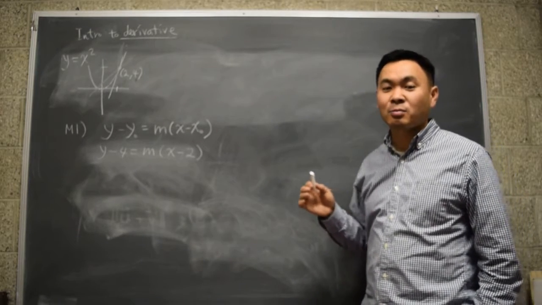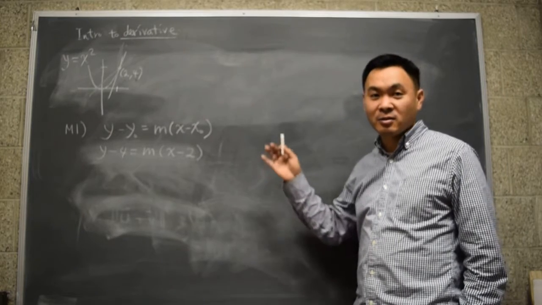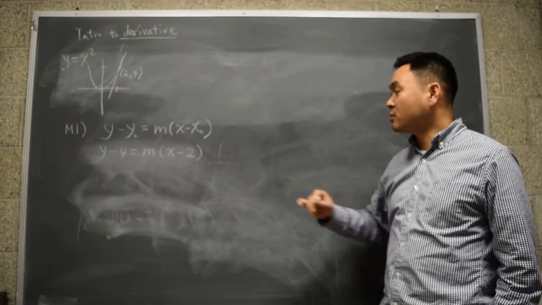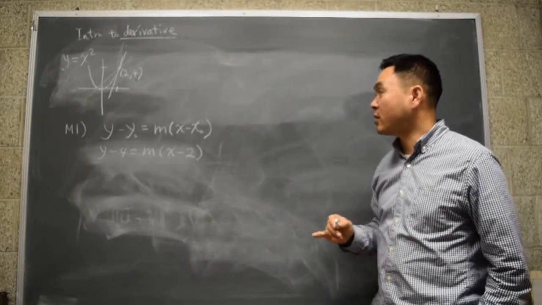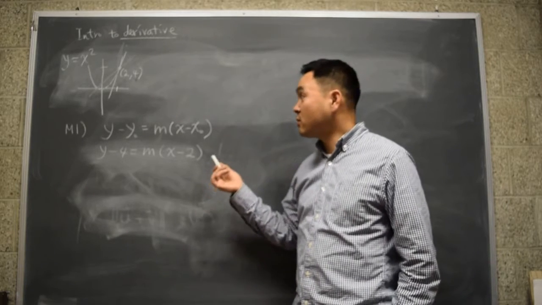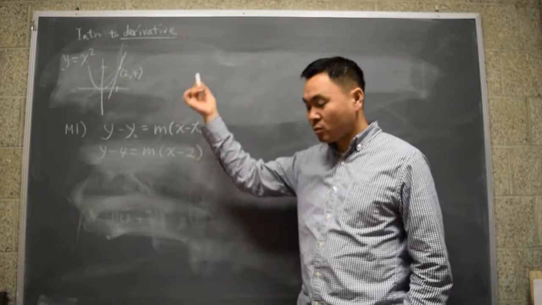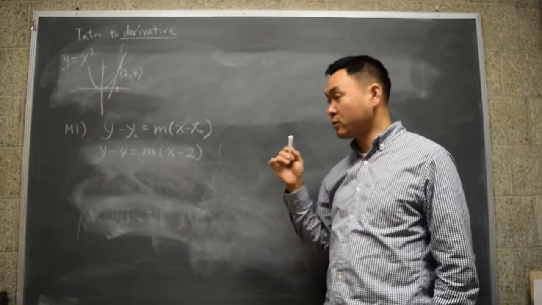Okay, I'll probably be able to elaborate on that later on when I do the second method. But for now, for the first method, what we want to use is that the tangent line is the line that will pass through the quadratic function only once. Okay, it's going to meet only once.